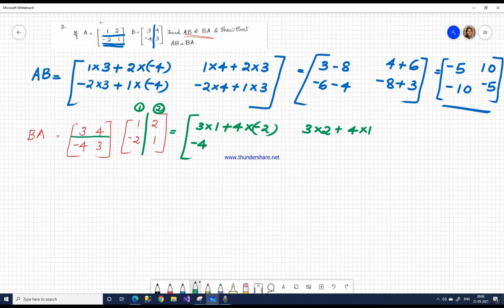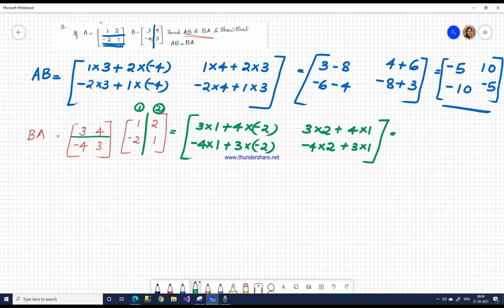Then we have minus 4 into 1 plus 3 into minus 2. Then we have minus 4 into 2 plus 3 into 1.